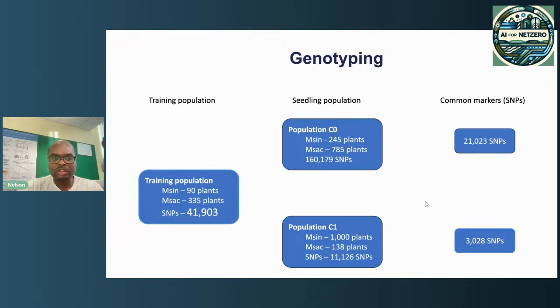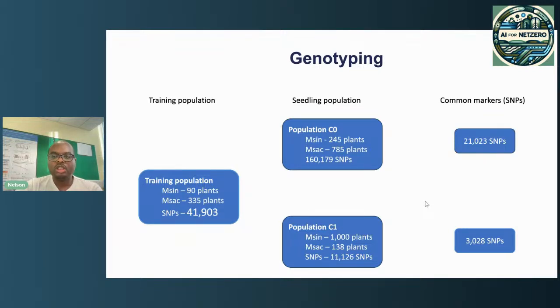The phenotypes are the trait, which is yield, and the genotypes are the molecular markers, in this case, DNA information. So we had about 41,000 DNA information, and then for prediction purposes, we had about 160,000 SNPs for the C0 population, and for the C1 population, we had about 11,000 SNPs.